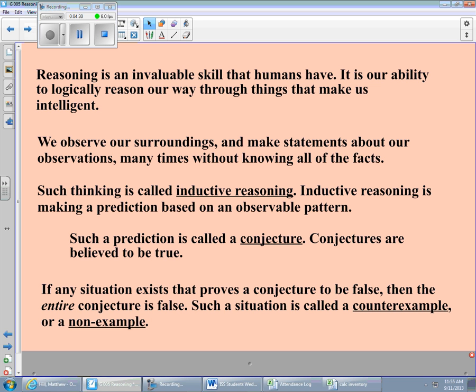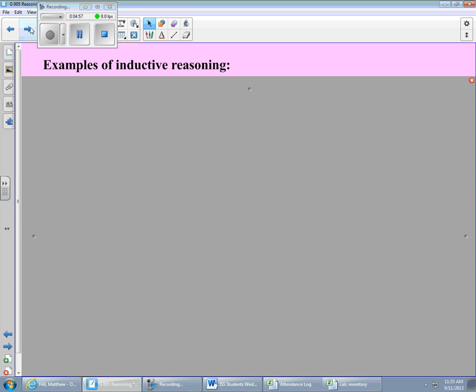So in a lot of ways it's considered to be an irrelevant or non-important detail, but in mathematics there is very little that is irrelevant, very little that is not important. So if we can come across even a little detail about a statement that is inaccurate, then that entirely goes against the conjecture and disproves the entire thing, and they're called counterexamples or non-examples.